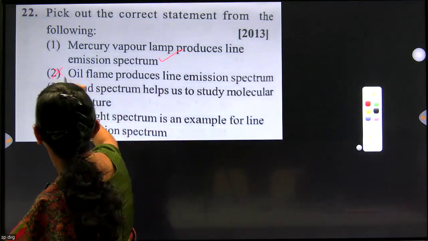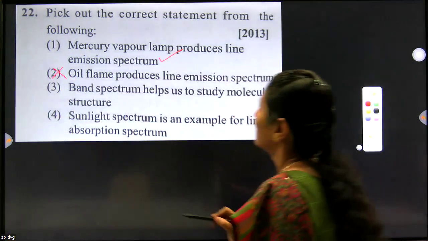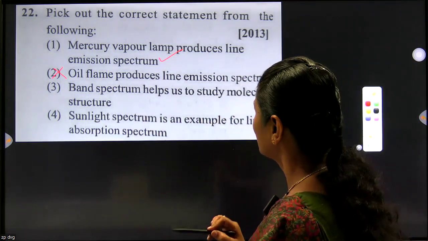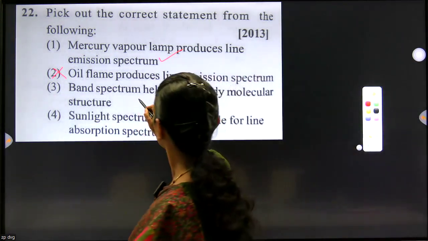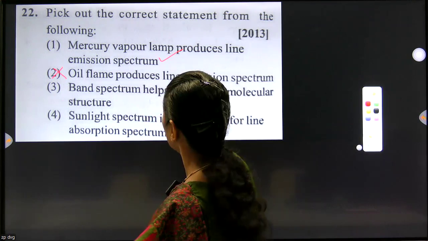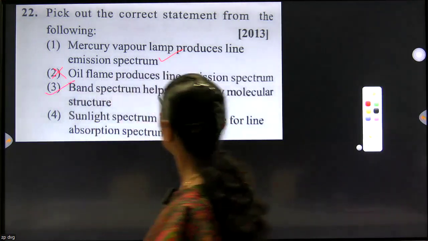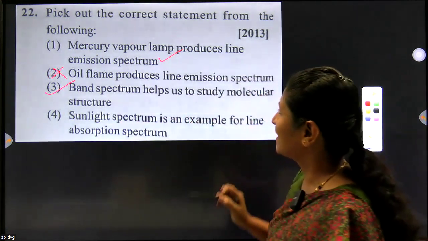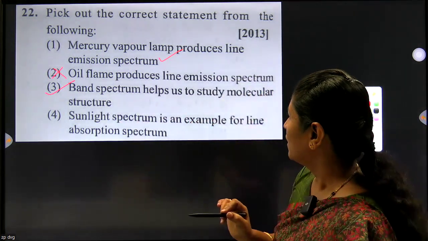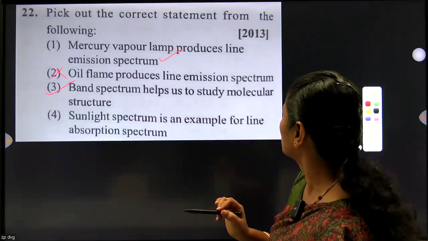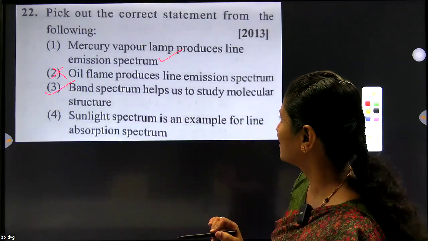This is wrong. Oil flame produces continuous emission spectrum. Band spectrum helps us to study molecular structure. This is right. Band spectrum is due to molecular substances only. Therefore, band spectrum helps us to study the molecular structures.